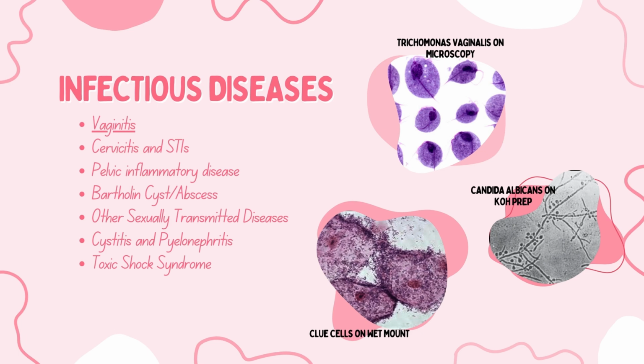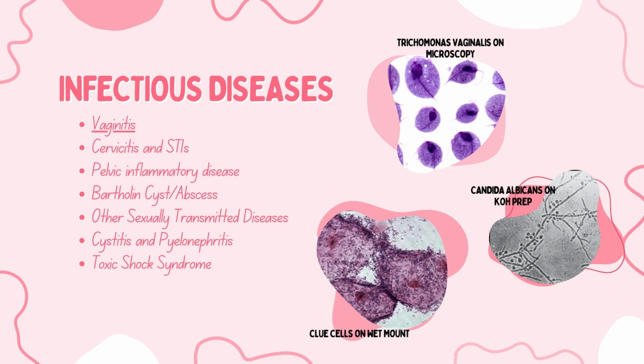In general, the manifestations include changes in vaginal discharge, malodor, pruritus, irritation, burning, swelling, dyspareunia, which is painful intercourse, dysuria. And the dysuria or painful urination, they're less likely to have urine urgency and frequency, but it's not impossible.